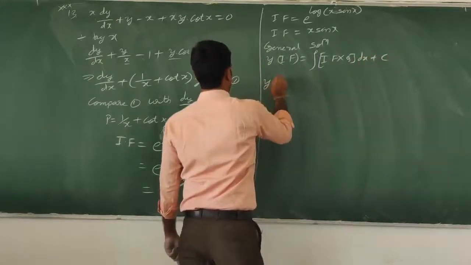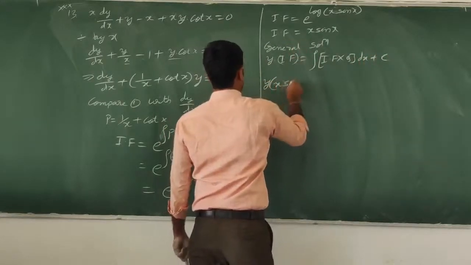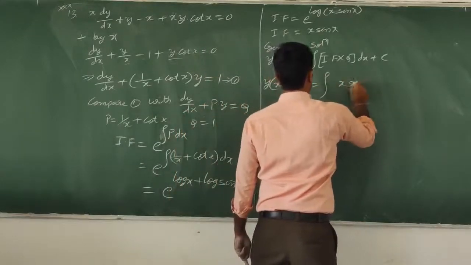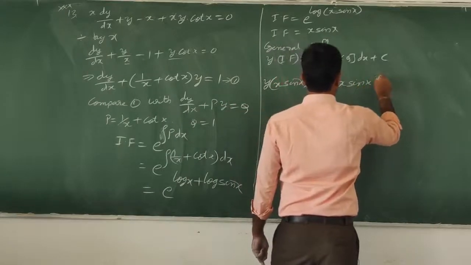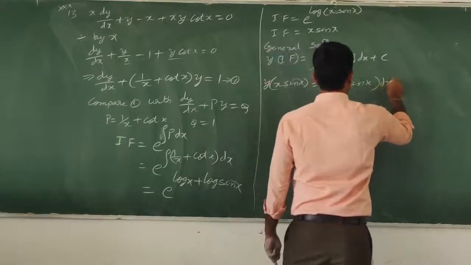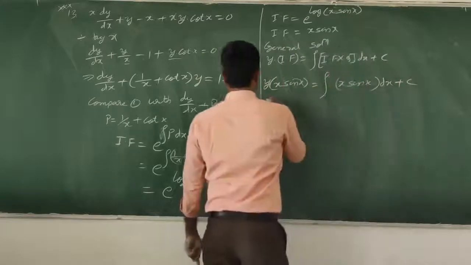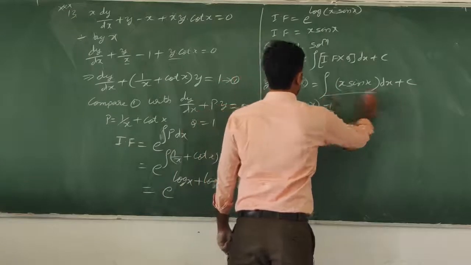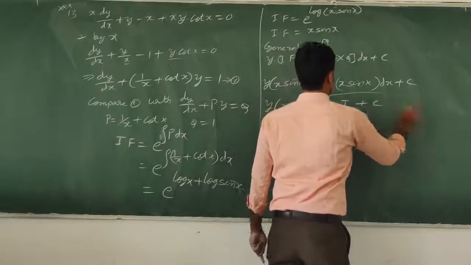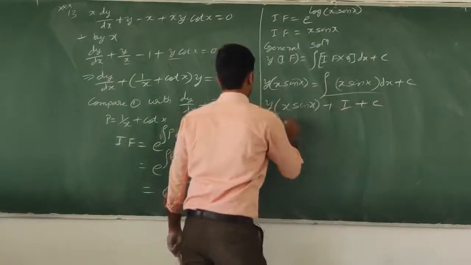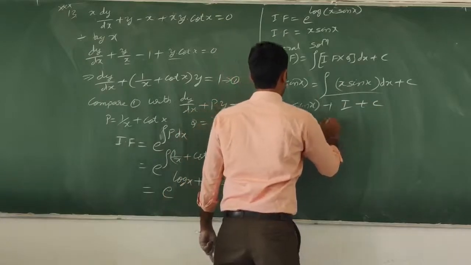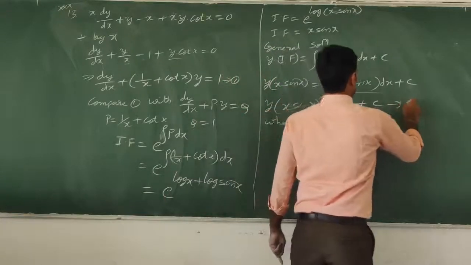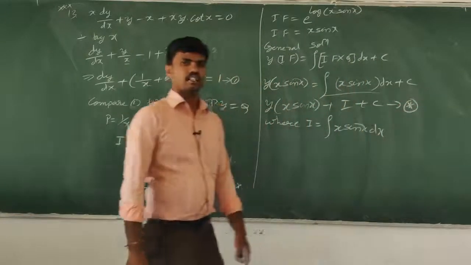So here, y into x sin x is equal to integration of integration factor x sin x, and q is 1, into x sin x is x sin x only, whole dx plus c. So y into x sin x is equal to I plus c, where I is equal to integration of x sin x into dx. Call this equation star.